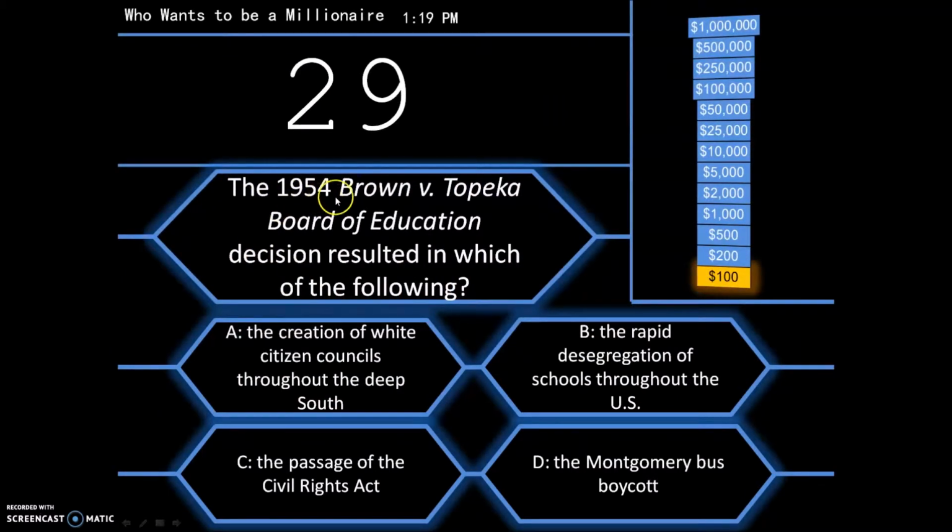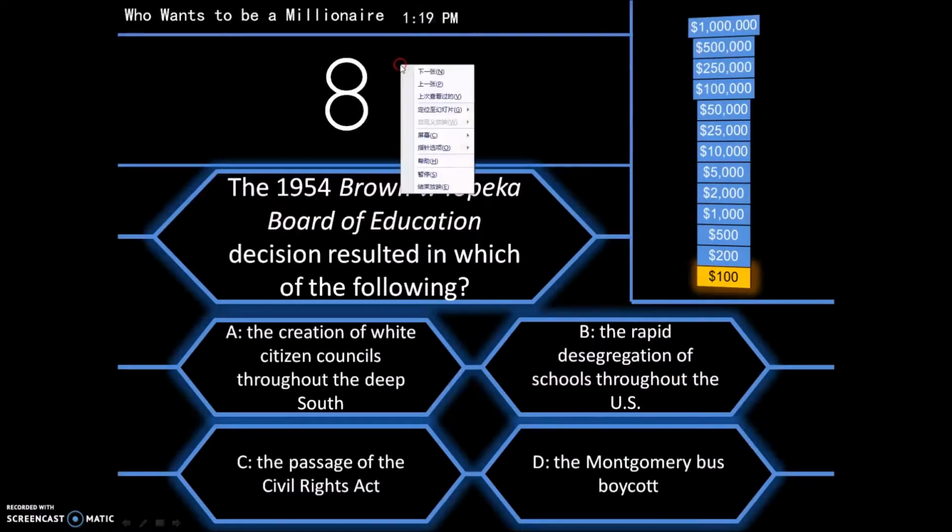The 1954 Brown versus Topeka Board of Education decision resulted in which of the following? A. The creation of white citizen councils through the Deep South. B. The rapid desegregation of the schools throughout the U.S. Of course, that didn't happen. And C. The passage of the Civil Rights Act.